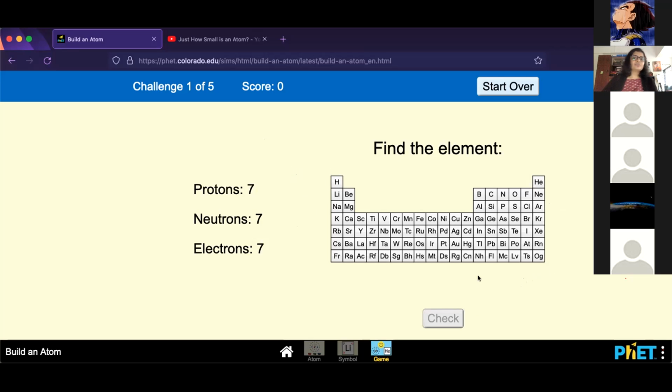Okay. So uske basis pe 7 protons, 7 neutrons, 7 electrons. Where will I find it? You can just tell me the nitrogen. Okay, tell me the symbol क्योंकि यहाँ पे लिखा हुआ नहीं है ना nitrogen. N. Okay. Is it a neutral atom or an ion?